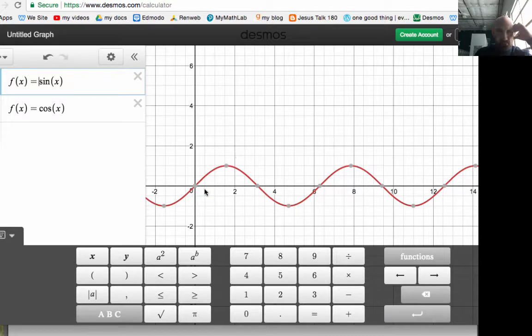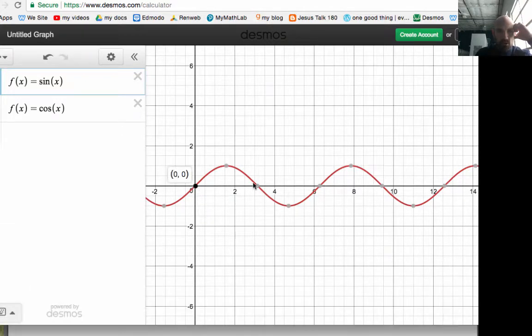Okay, so that's amplitude. Period has to do with how long the wave is. So check this out. If I go from 0 to the start of a new wave, the start of a new wave for sine is at this midline. The length is how much x it covers. So it goes this way, and then here it starts over.